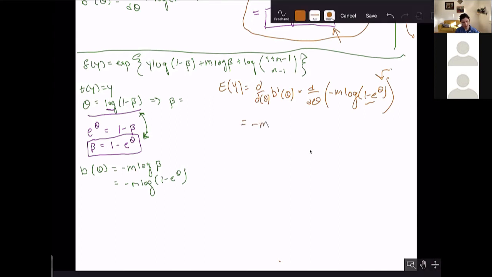And again, m is a constant here. So we can pull that out, and then we're just taking the derivative of this log 1 minus e to the theta term. Do you want to walk through that and or start working on that, and I can answer any questions if they come up?